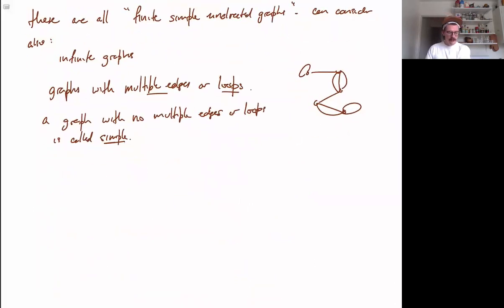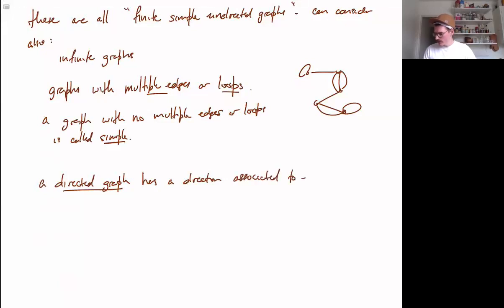And finally, another class of graphs that you consider are directed graphs. A directed graph is basically what it sounds like: it has a direction associated to each edge.